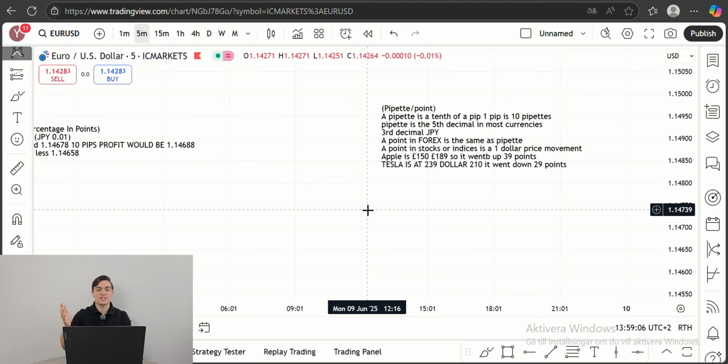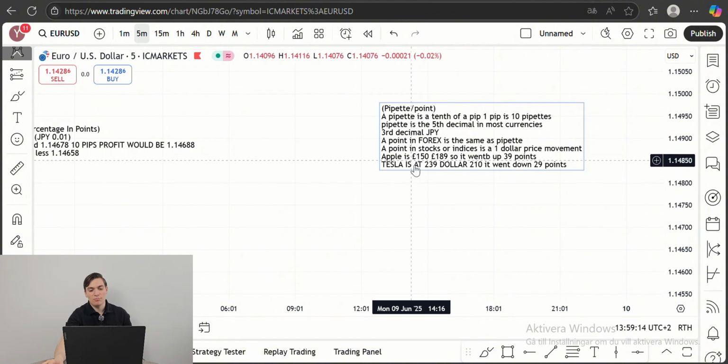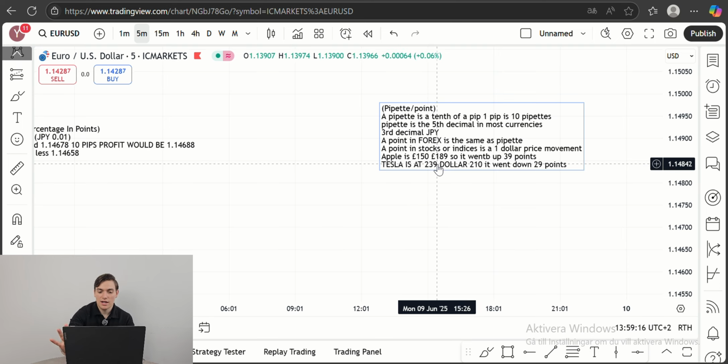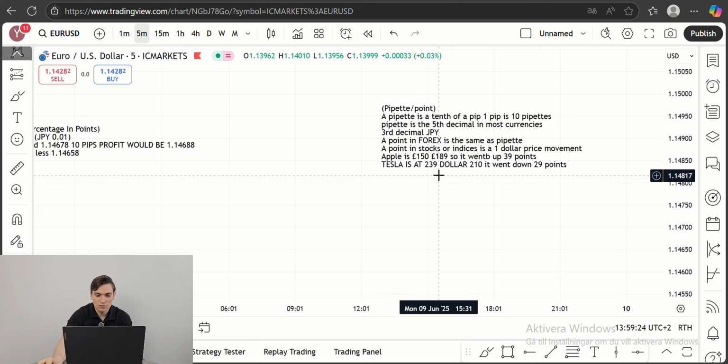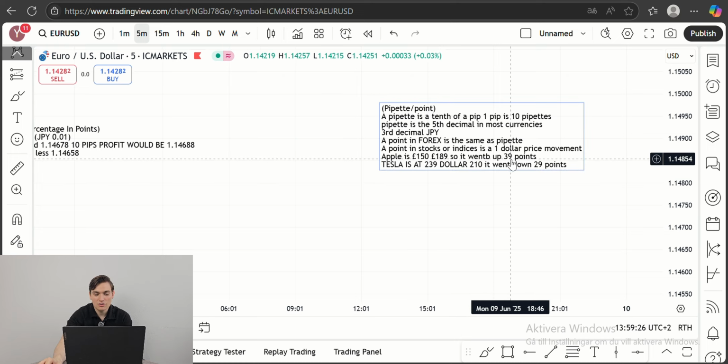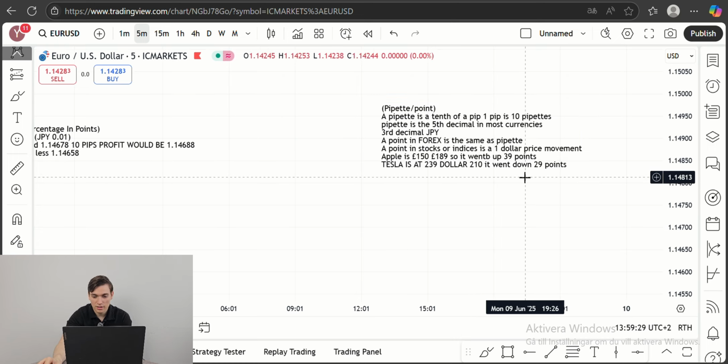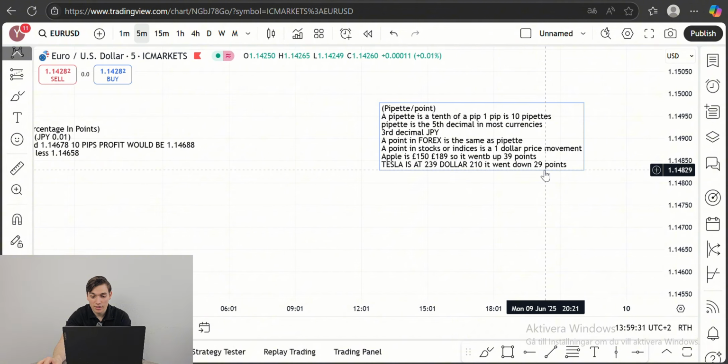But a point in stocks or indices is a $1 price movement. This means that, in this example that I put here, if Apple is 150 pounds and it goes to 189 pounds, that means it went up 39 points, right? The same here. If Tesla is at $239 and it goes down to $210, that means it went down 29 points or $29.